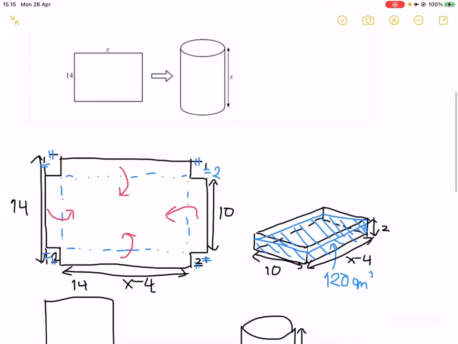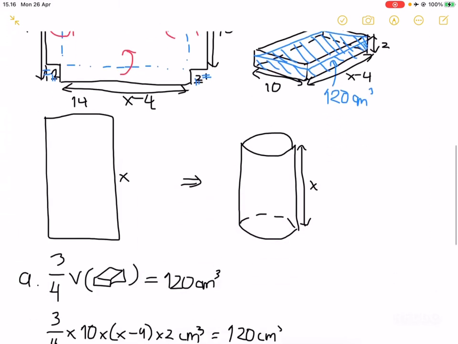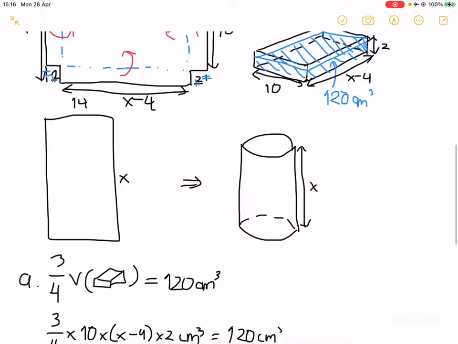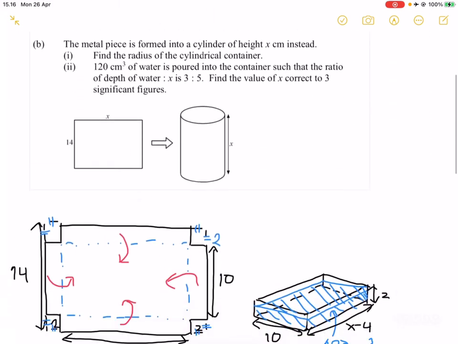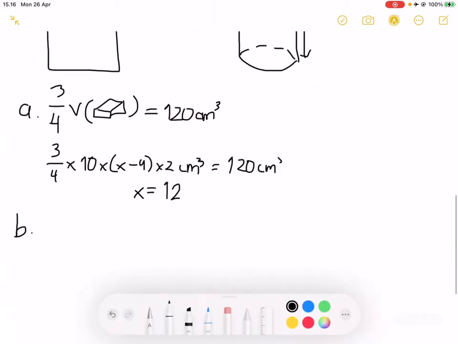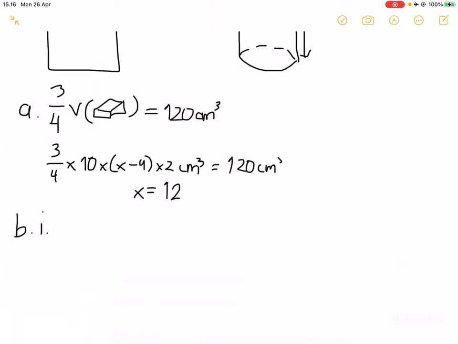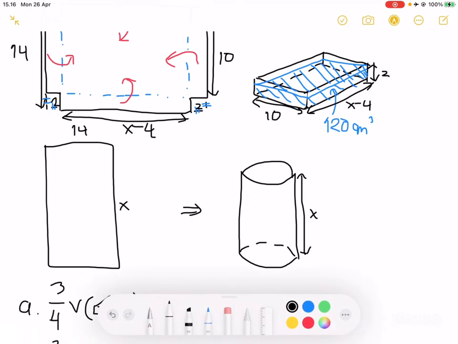For part B, the metal piece is formed into a cylinder as shown, and then we need to find the radius of the cylindrical container. Right, so notice that if you wrap this side in such a way that it forms a circle, that means this length right here will be 14, right?